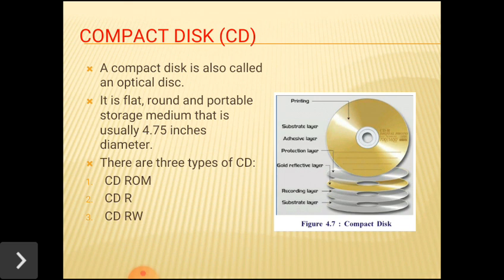Once data is written on it with a special utility, many times it can be read from the CD. Hence, such CDs are known as write once read many, means WORM disk. These CDs are known as CD re-recordable, means CD-R. There is a third type of optical disc which can be erased and used to rewrite new information. These are sometimes known as EO, means erasable optical disc, or CD-RW, means CD rewritable.